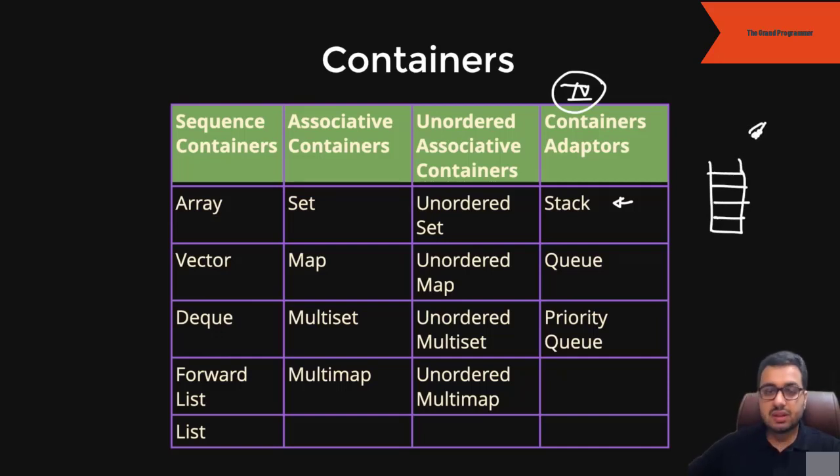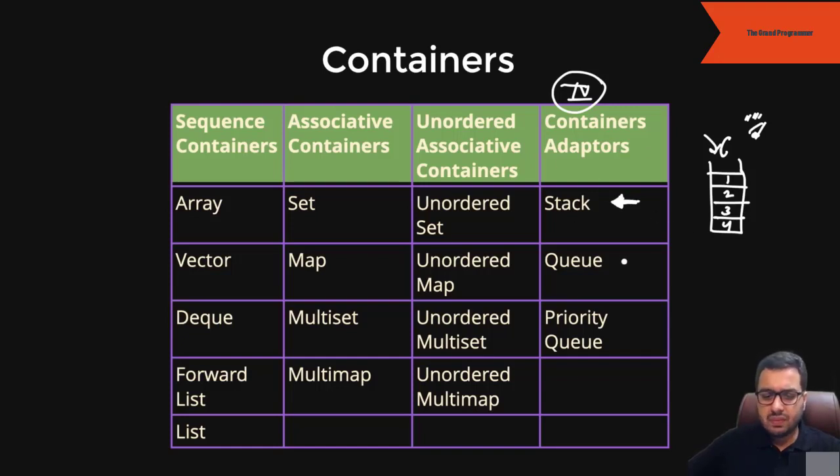It also restricts the functionality. You cannot look at all the elements, you can only look at the topmost element. You cannot remove from the middle. You can only remove from the top, or see what is at the top, because stack hides the rest of the elements under the interface.